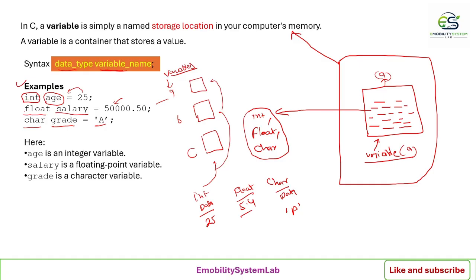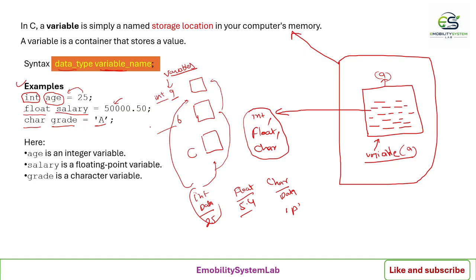Suppose I write the integer data type before the variable name. Yes, now I get to know that this value will be stored here. I now know the location.